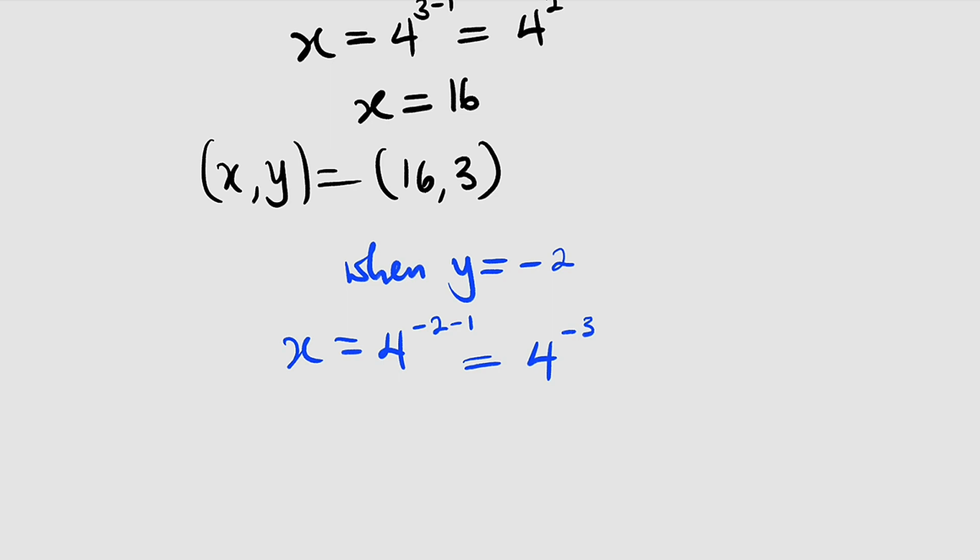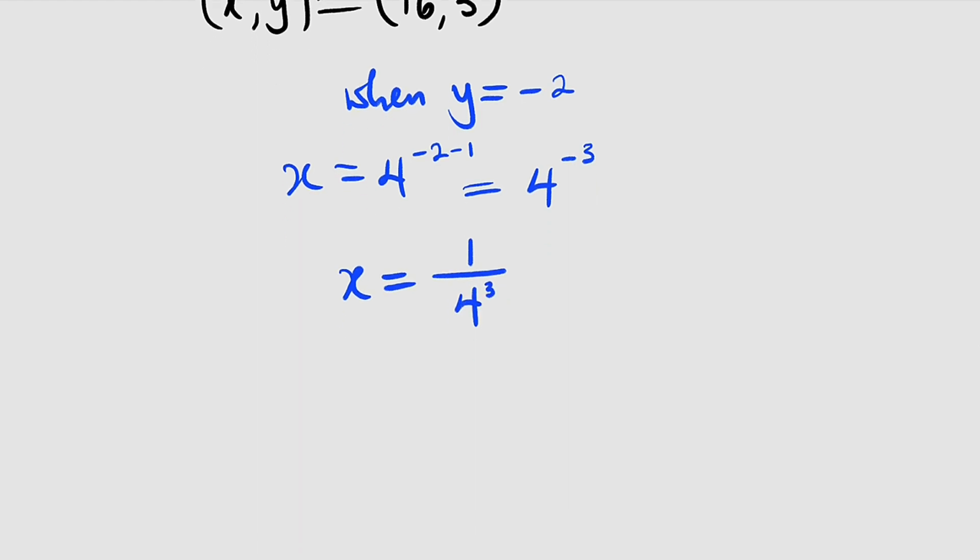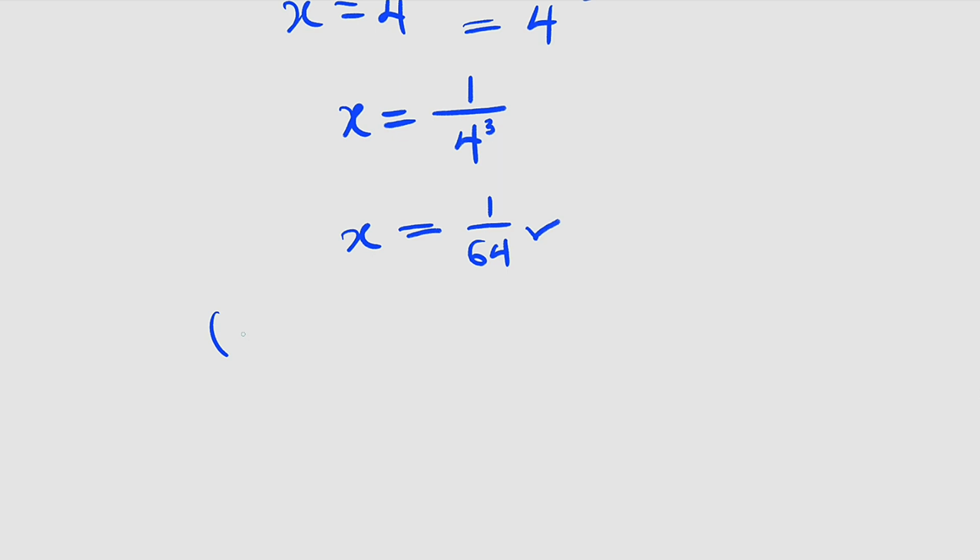And 4 to the power of negative 3 is the same thing as 1 divided by 4 cubed. And 4 cubed is 64. Therefore, x is equal to 1 divided by 64. And here is another value of x. So when x is equal to 1 divided by 64, the value of y is negative 2.